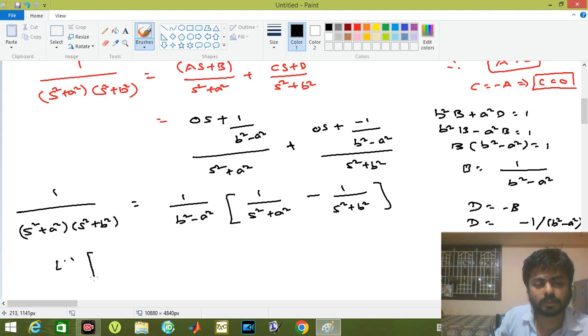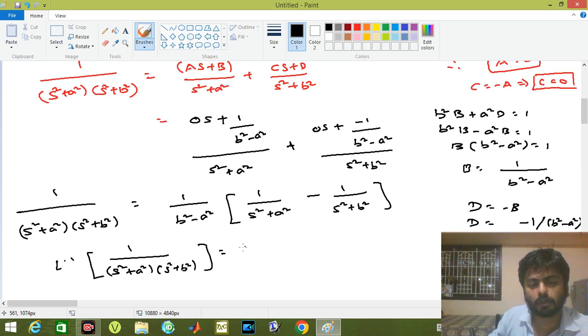Therefore L inverse of 1 by (a square plus a square) into (a square plus b square) equals L inverse of 1 by (b square minus a square) into [1 divided by (a square plus a square) minus 1 by (a square plus b square)].